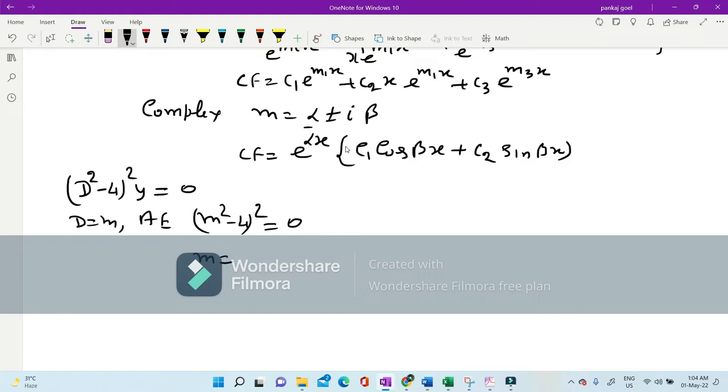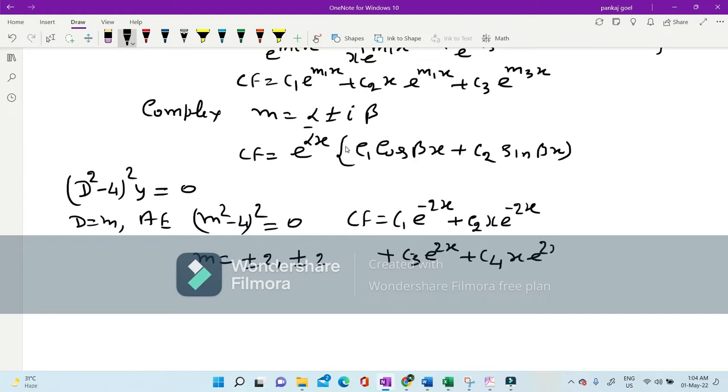For a single factor, m = ±2, and because the power is 2, we again write ±2. The complementary function for -2 is c1 e^(-2x). Because it repeats two times, we write plus c2 x e^(-2x). Then plus c3 e^(2x) and plus c4 x e^(2x). Like this we can write the complementary function.